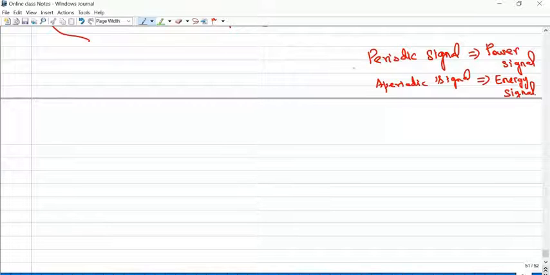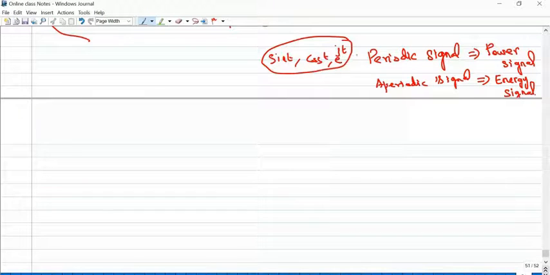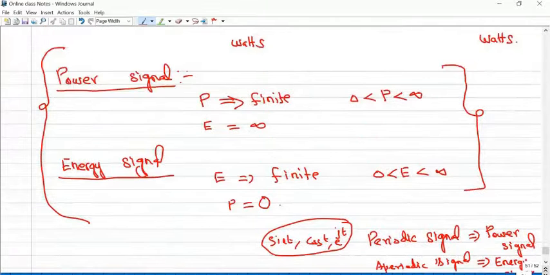So periodic means your sin t, cos t, e power jt, like this. These are all periodic. So if we apply the formula based on the condition, we'll get the same result.